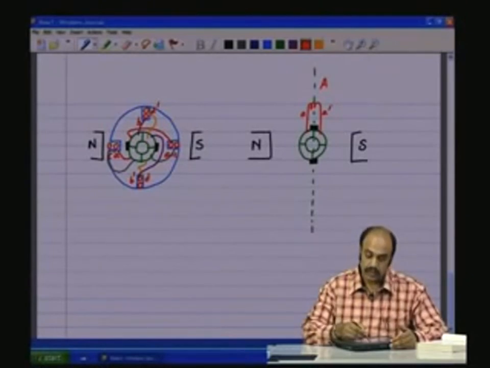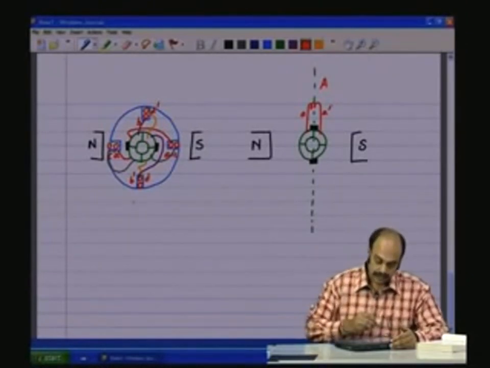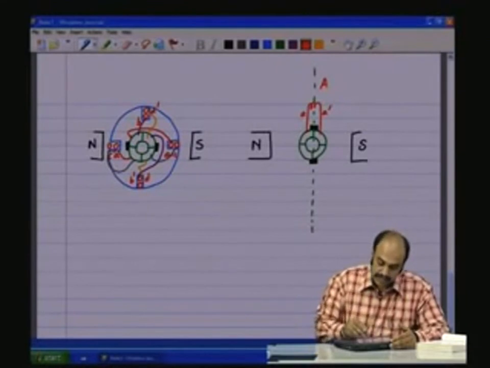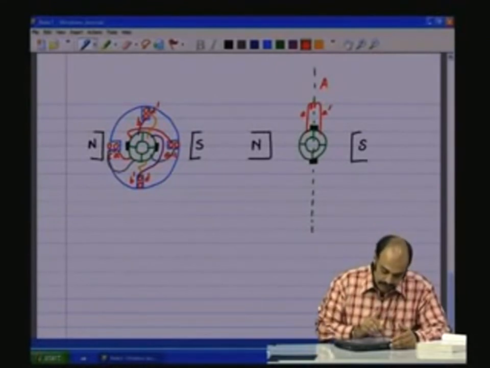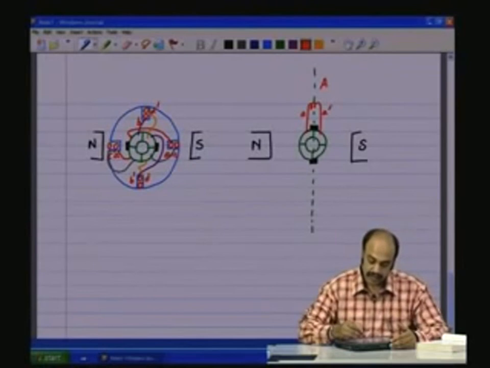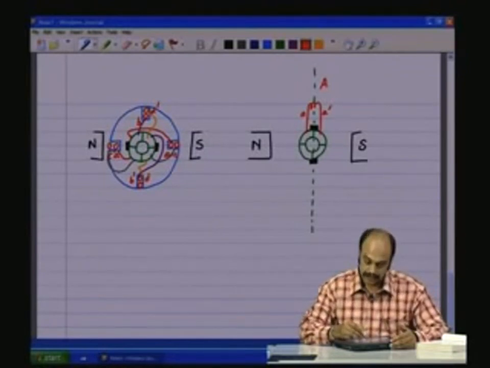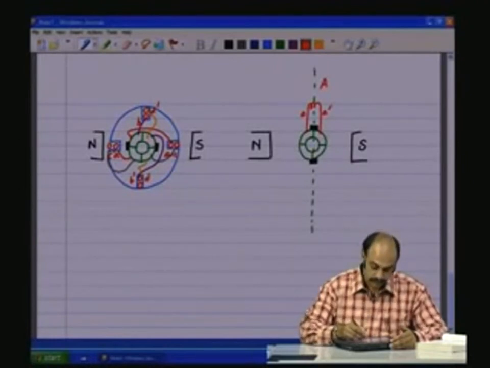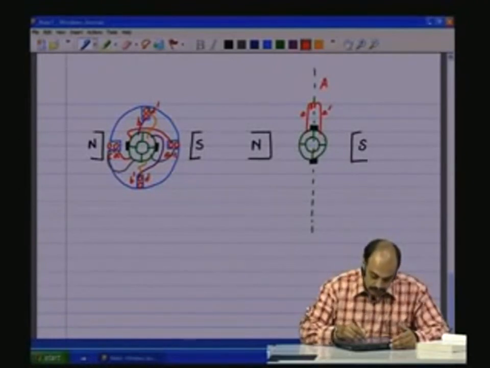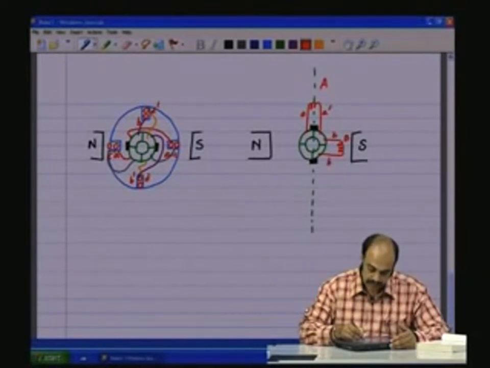They are actually diametrically opposite, but we are going to show this as one single connection. And then between this and this we connect the coil B, let us say, with B dash.